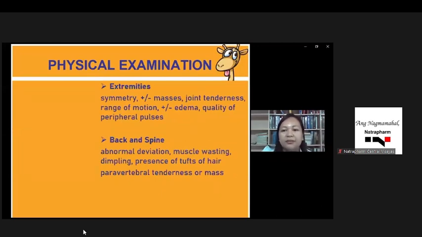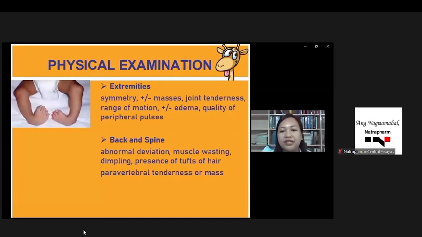For the examination of the extremities, they should be examined for symmetry and note the presence of clubbing, cyanosis, and edema. We should also note any deformities such as club foot, the range of motion, and presence of swelling, erythema, and warmth in any joint.